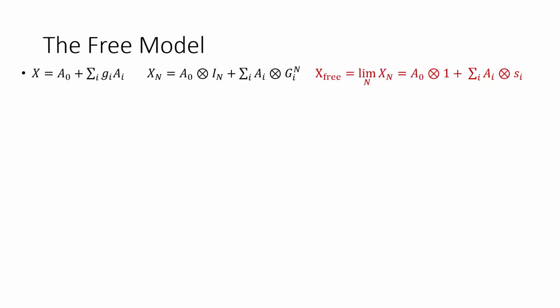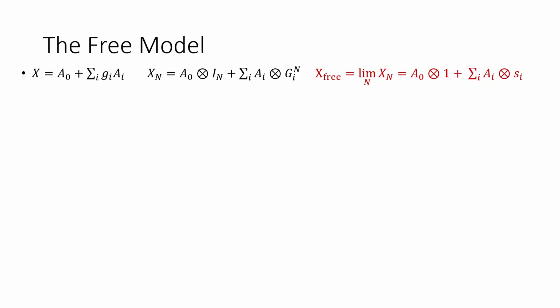Basically, because I have these explicit constructions, now I can define my X-free operator that I was alluding to earlier. Suppose you have a Gaussian random matrix X equals A0 plus summation over i of gi Ai.